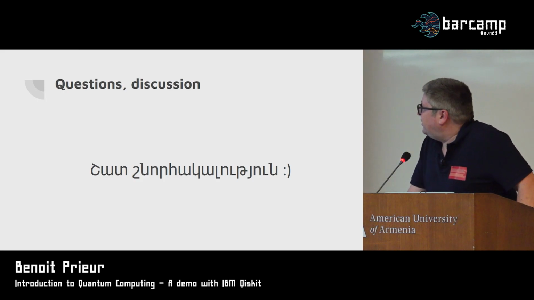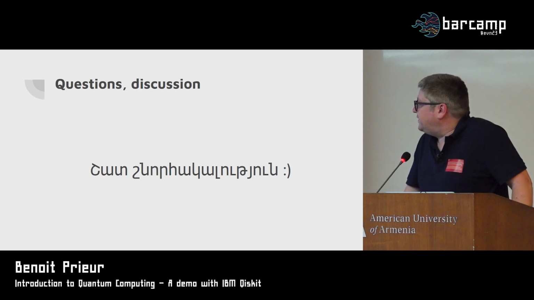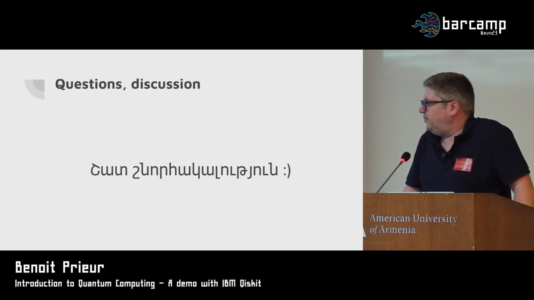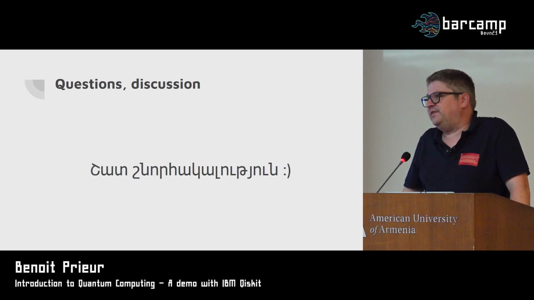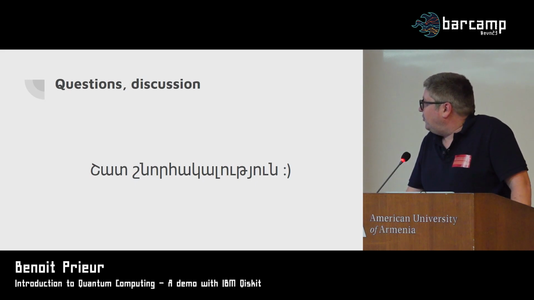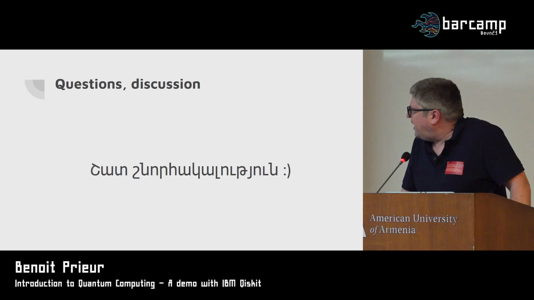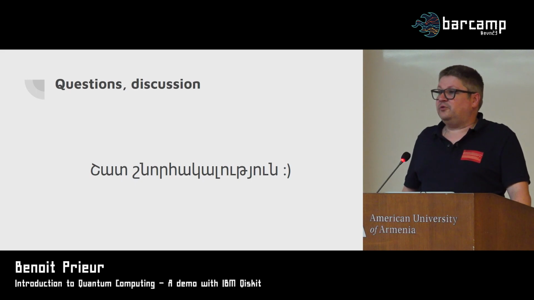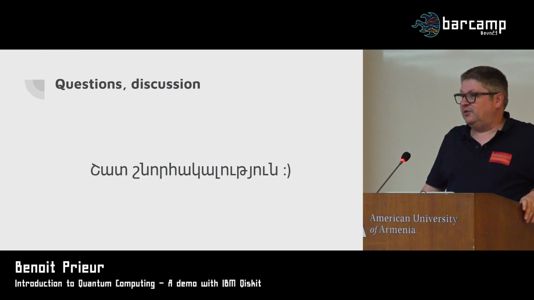And here is the result. So 00 and 11, entanglement, no 01, no 10. And yes, I asked to display the diagram. I encourage you to create an account and to begin to play with that.